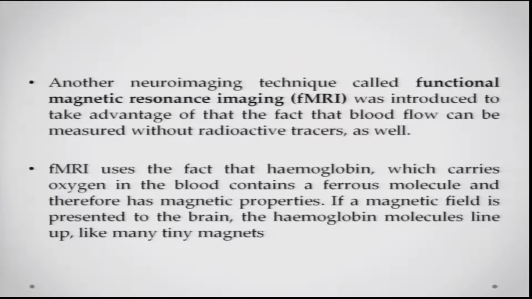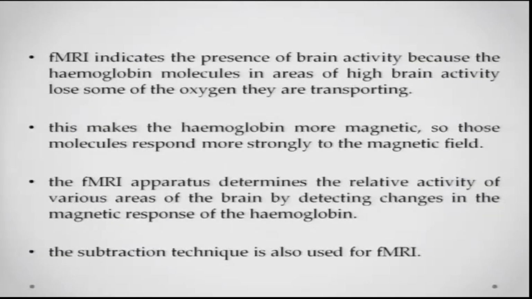If a magnetic field is applied to the brain, these hemoglobin molecules start lining up like many tiny magnets, aligning themselves to the applied magnetic field. fMRI indicates the presence of brain activity because hemoglobin molecules in areas of high brain activity lose some of the oxygen they are transporting. This makes the hemoglobin more magnetic, so the molecules respond more strongly to the magnetic field, and you can actually measure that.